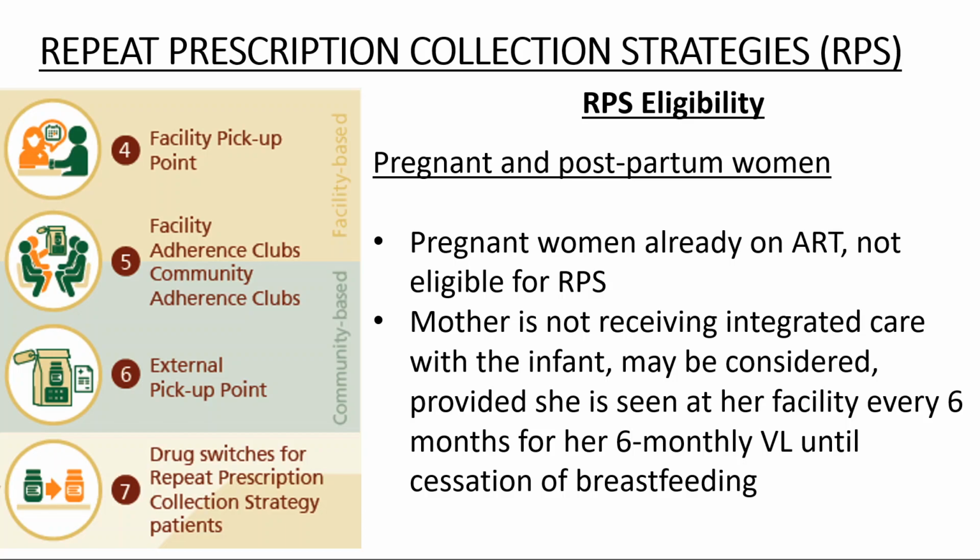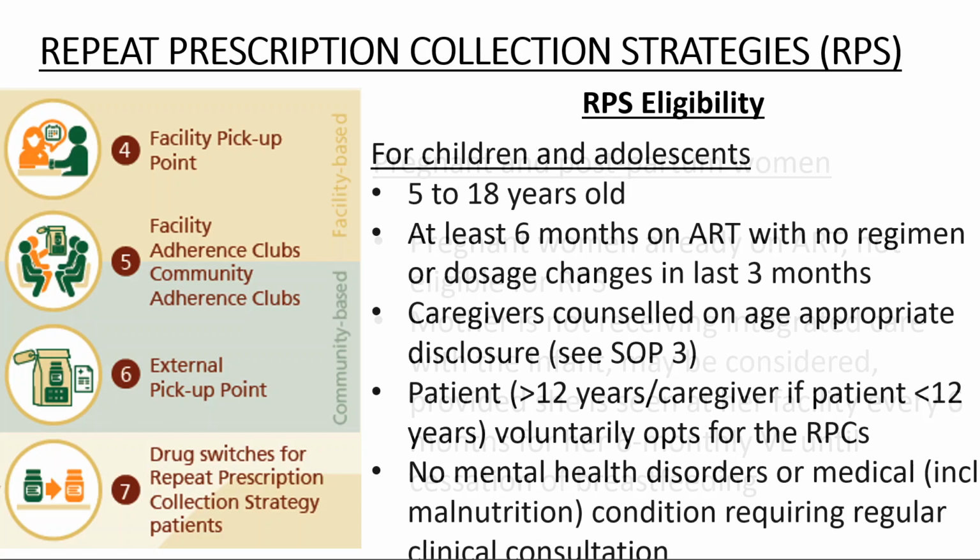And a mother who is not in the same care as the baby, the infant, that does not need to go and visit the facility together with their child, can be enrolled on RPS, provided that they are seen at the clinic every 6 months, and viral loads are taken until they can stop breastfeeding.